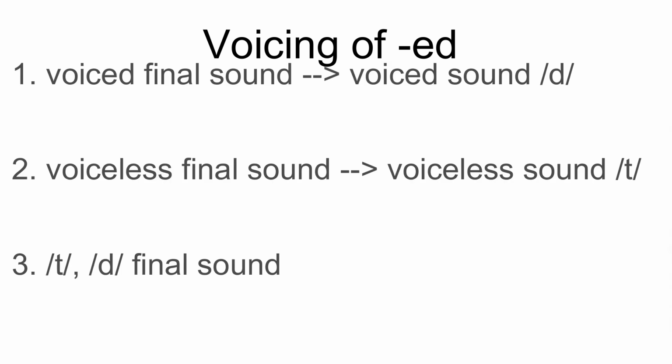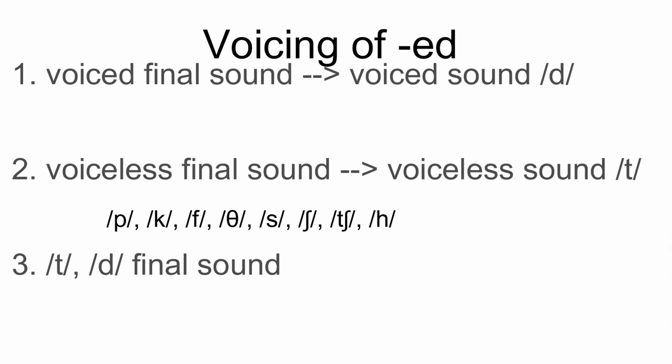Voicing of ed. The pronunciation rule for ed for verb tense is similar. There are 3 ways. If the verb base ends in a voiceless sound except for the t, that is, voiceless obstruents p, k, f, th, s, sh, ch, and h, the ed ending sounds like t.